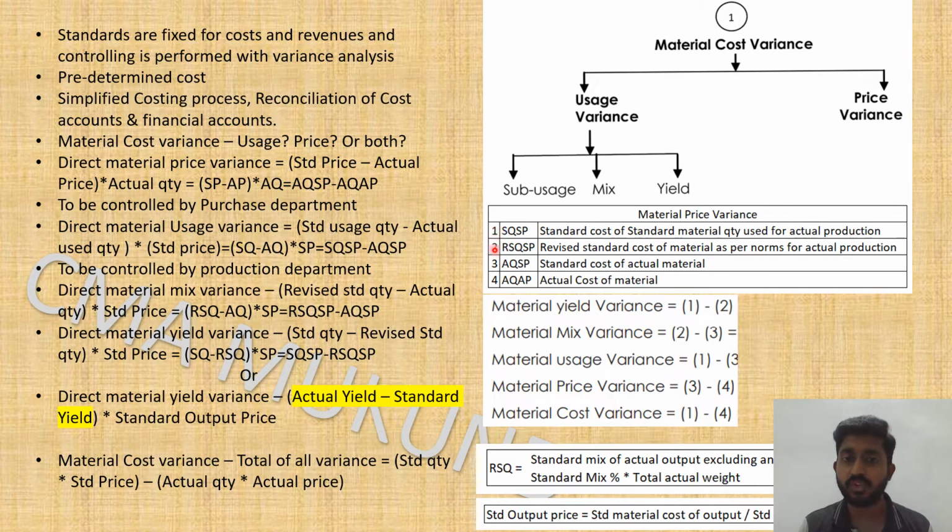So the first step is to calculate 1 2 3 4. Yield variance is 1 minus 2, mix variance is 2 minus 3, usage variance is 1 minus 3, price variance is 3 minus 4, and material cost variance is 1 minus 4. These are all the formulas.